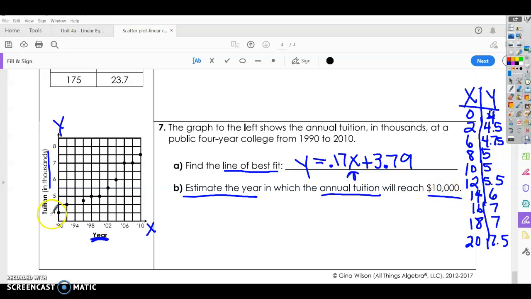So in our table, we're going by thousands of dollars. So we don't put 10,000 in, we just put 10. So Y would be our years, or our amount of money, sorry, and we're looking for the year. So 10 equals 0.17x plus 3.79.